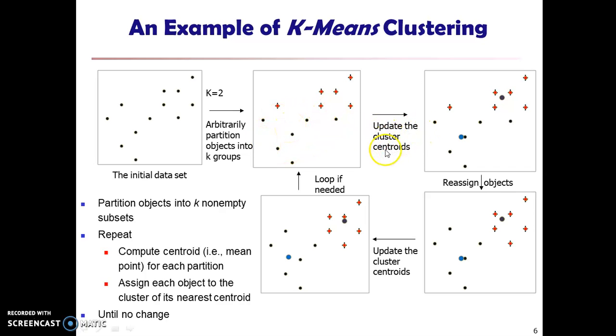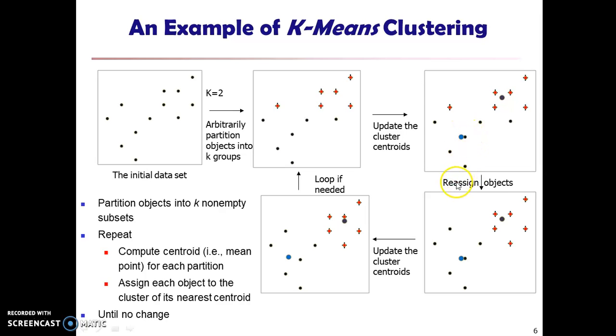Then update the cluster centroid. Now we will try to identify the centroid. Centroid is nothing but the center of the cluster. So here we identified one of the data points will act as a centroid. For this group we will have one data point acting as a centroid.